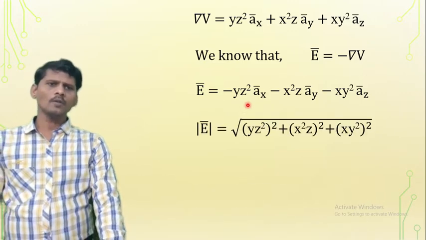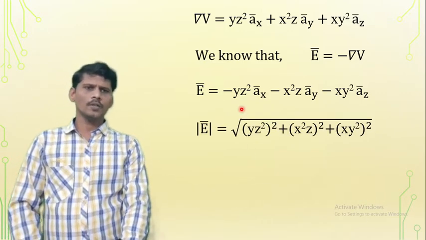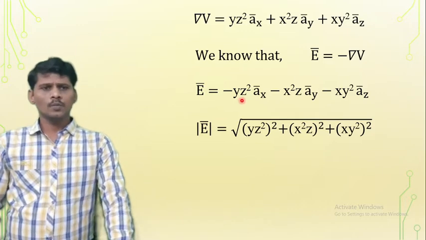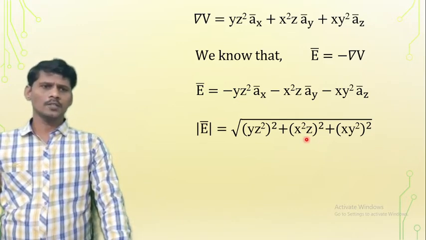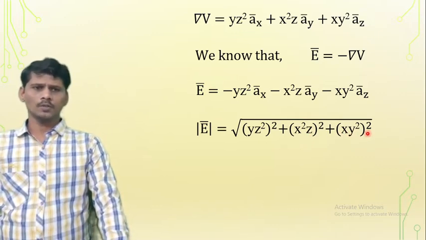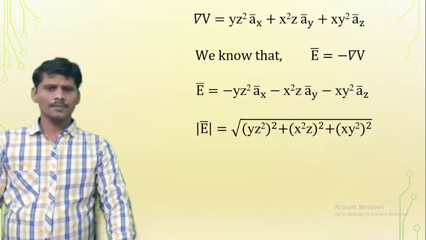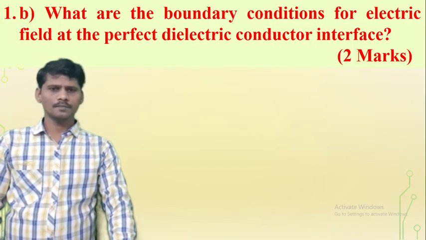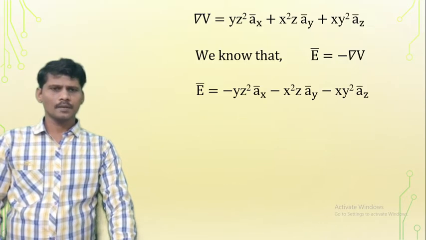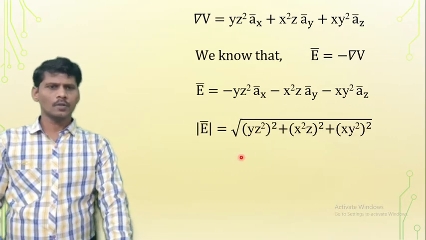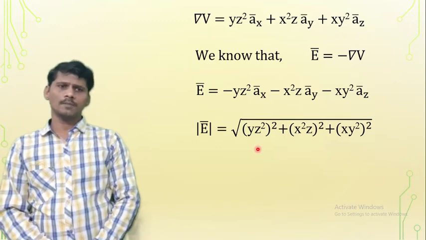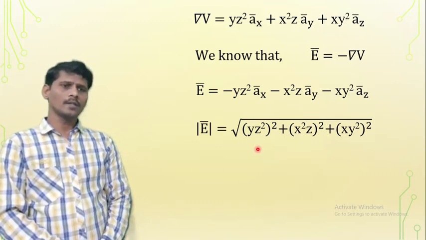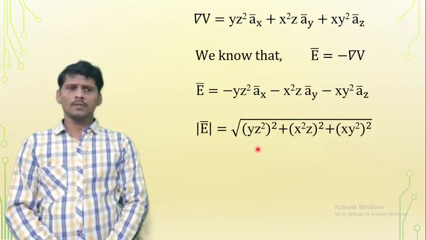And the magnitude of the electric field intensity is the square root of (minus yz square) whole square plus (minus x square z) whole square plus (minus xy square) whole square. So E is equal to the square root of (yz square) whole square plus (x square z) whole square plus (xy square) whole square.